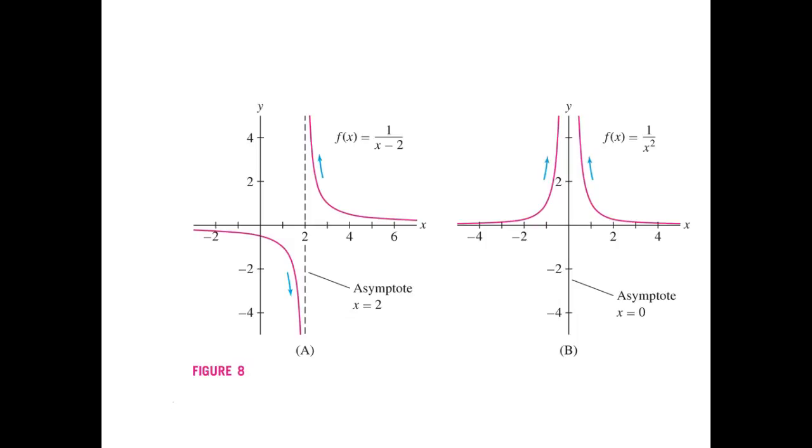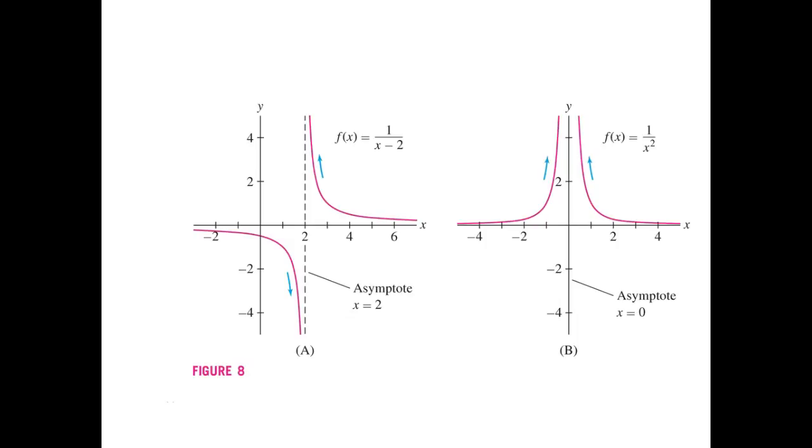Horizontal asymptotes come from the ratio of your leading terms. 1 over x, as x goes to infinity, negative or positive, is going to 0. So you have a horizontal asymptote of 0. They don't draw it in here, but it's a dotted line on your x-axis.